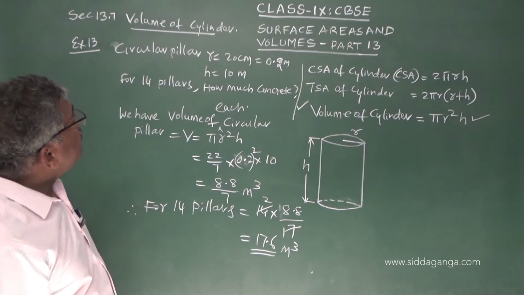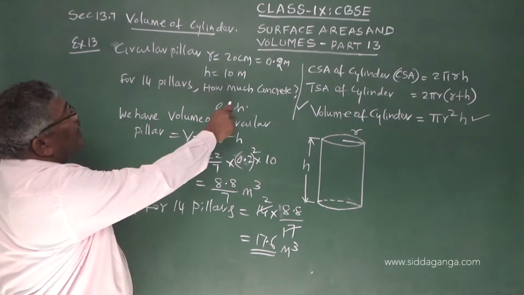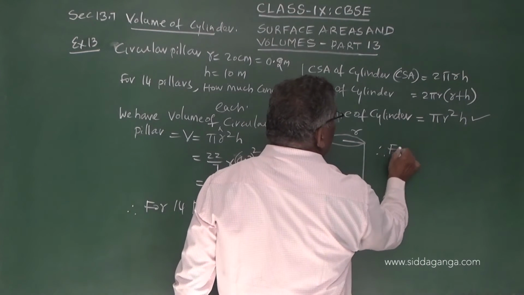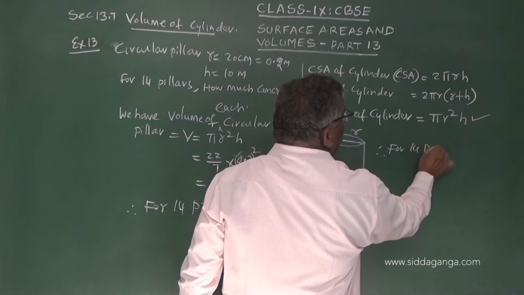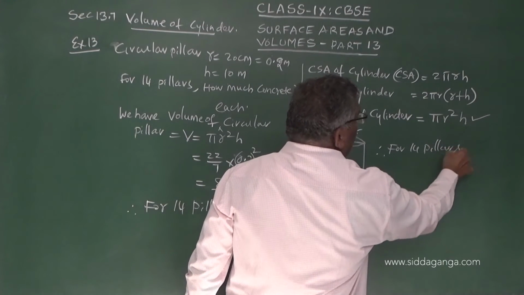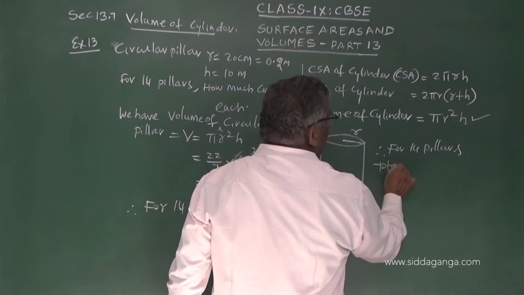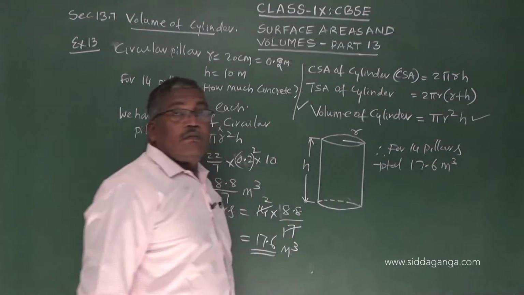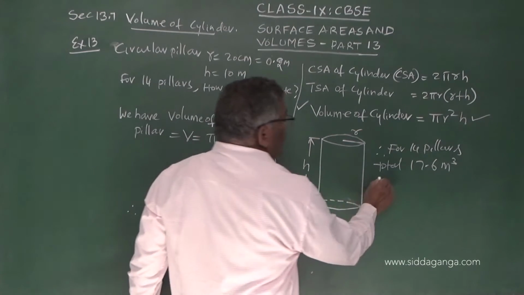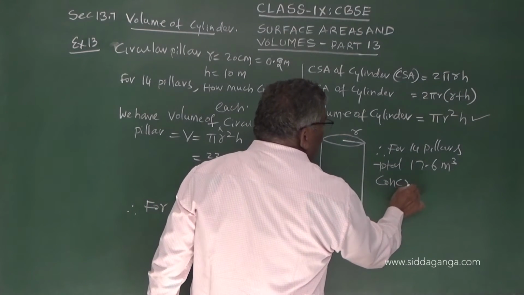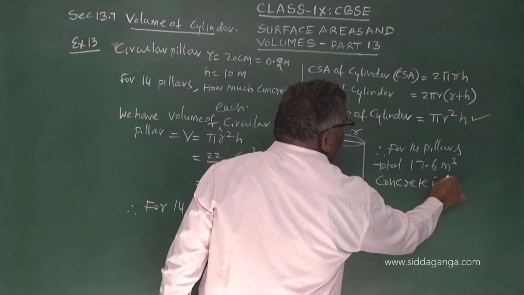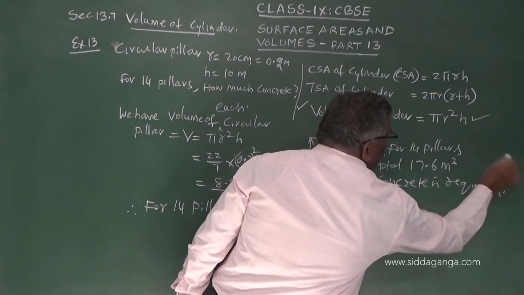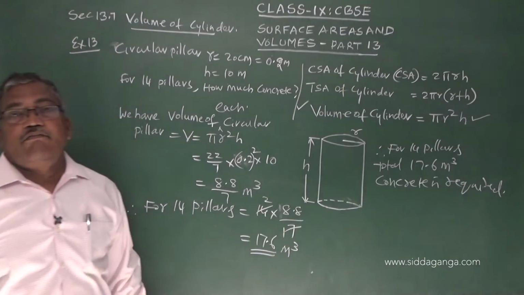So therefore for 14 pillars, a total of 17.6 meter cube of concrete is required.